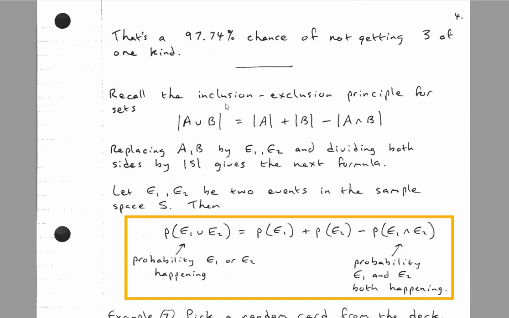Alright, and just one more thing. The inclusion-exclusion principle for sets says that the number of elements in a union is equal to the number of elements in each set minus the number of elements in the intersection.